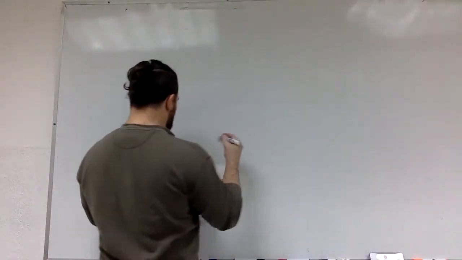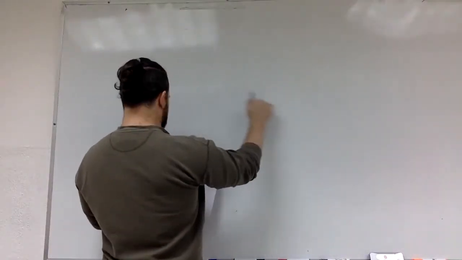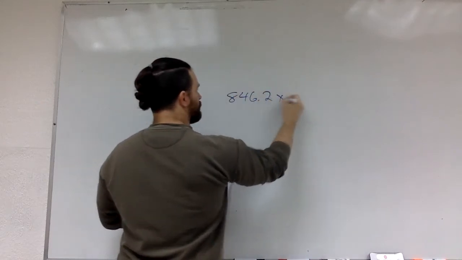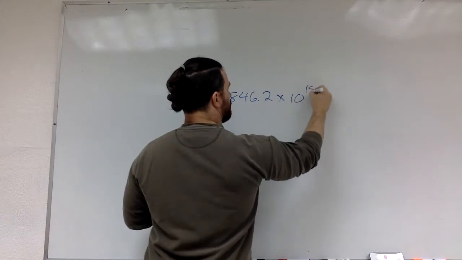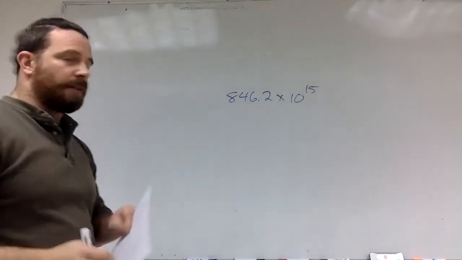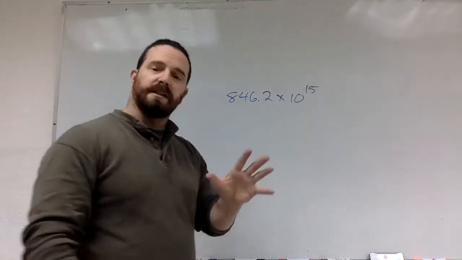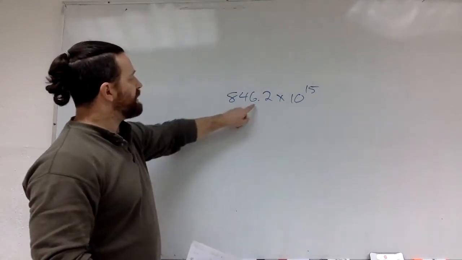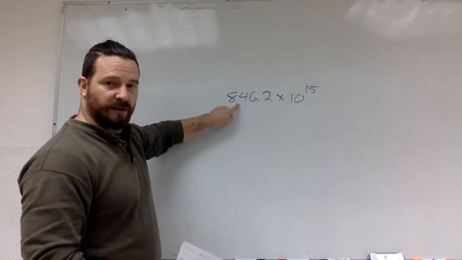So example, let's say after performing an operation with scientific notation, you end up with something that looks like this. Now, although it's still scientific notation, it is only considered to be proper when the decimal is behind that first digit.